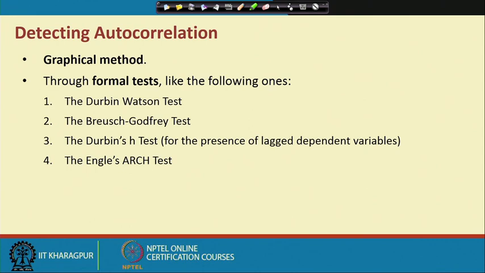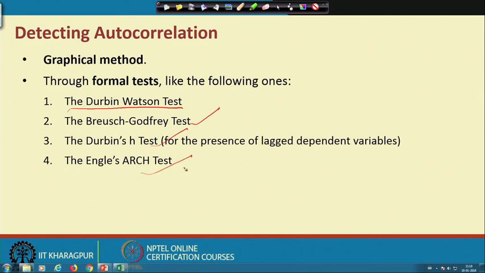Technically, there are many mechanisms through which you can check this. Either graphically you can plot the error terms and get to know the nature, or else there are formal tests through which you can check. One of the fantastic tests is the Durbin-Watson D statistic, and there are the BG test, Durbin's H statistic and Engle's ARCH test.